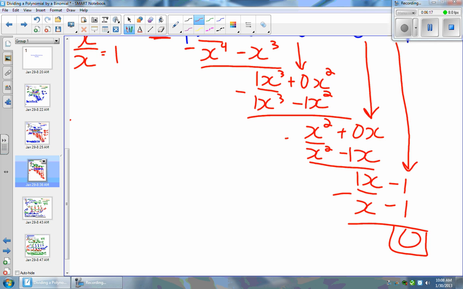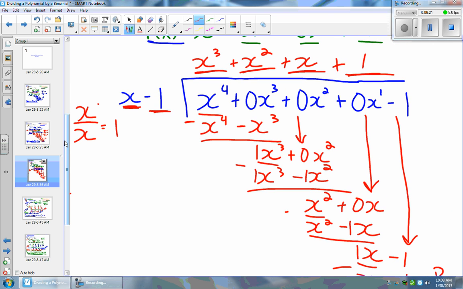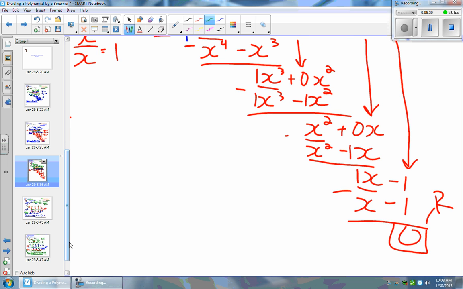So there is our remainder, and my quotient is located all the way up here, circled in green. There is my quotient when I divide those two polynomials together. So let's rewrite the proper division statement here.